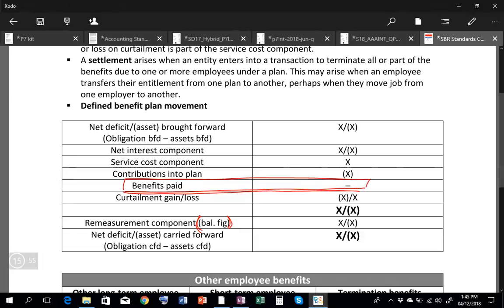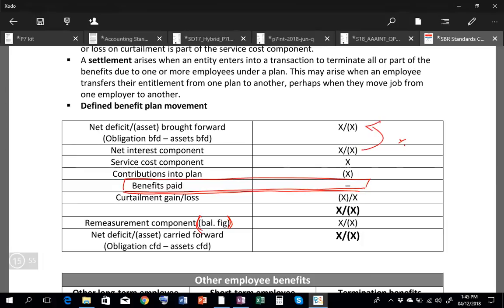So this is a quite simple calculation. Opening balance of liabilities minus assets, closing balance of liabilities minus assets. Then you will be recording net interest applied on this component. There will be a percentage given to you in the exam. And then you have the service cost component given, contribution to the plan given, benefit paid no adjustment.